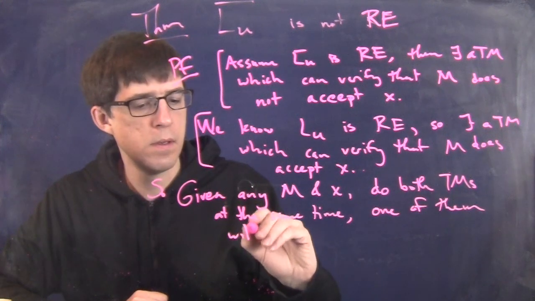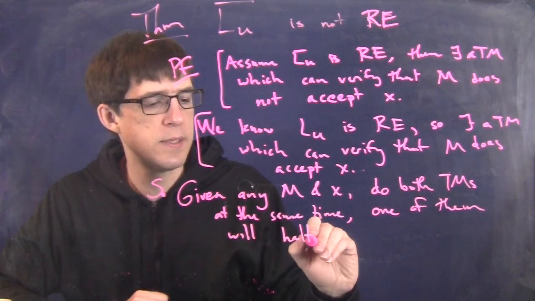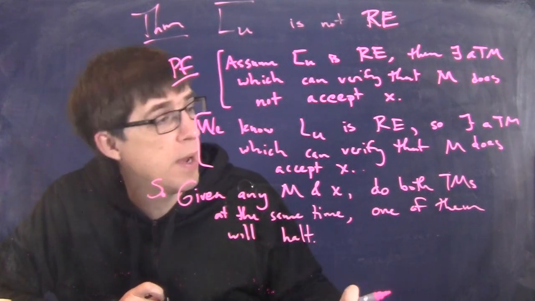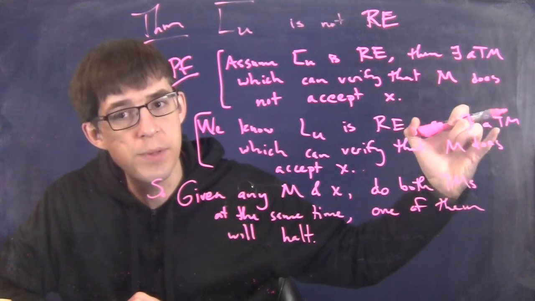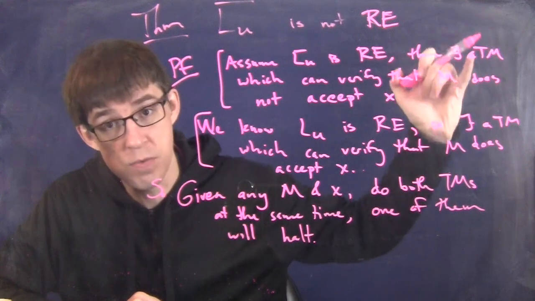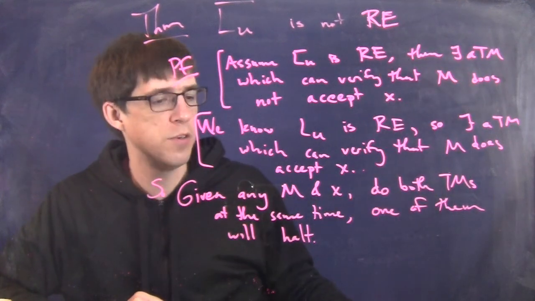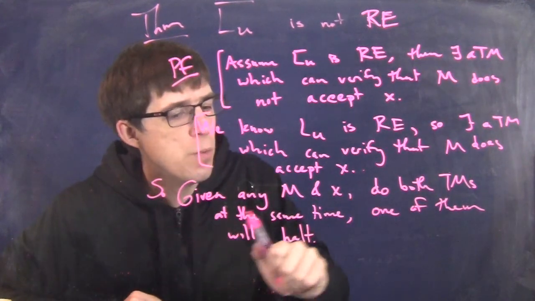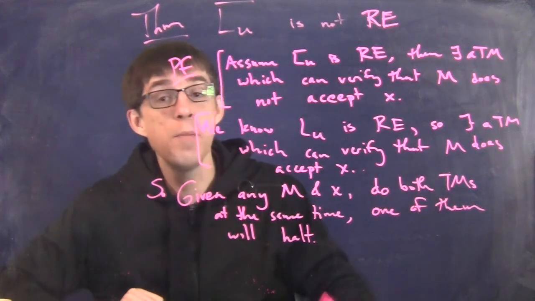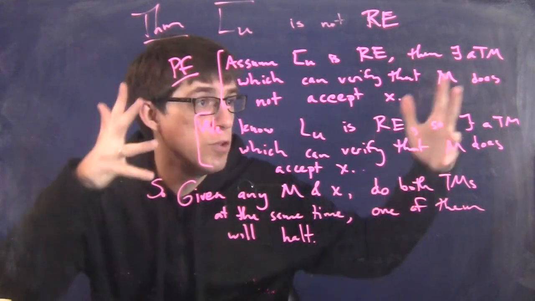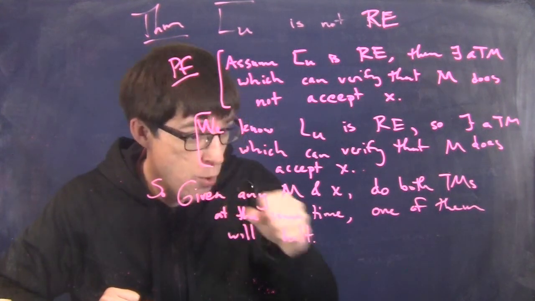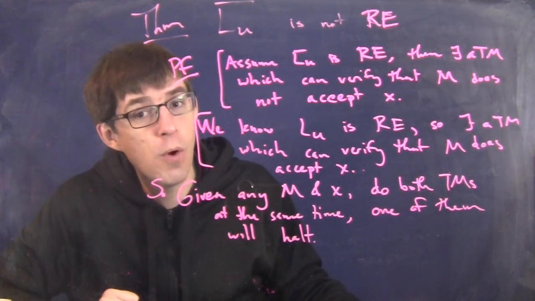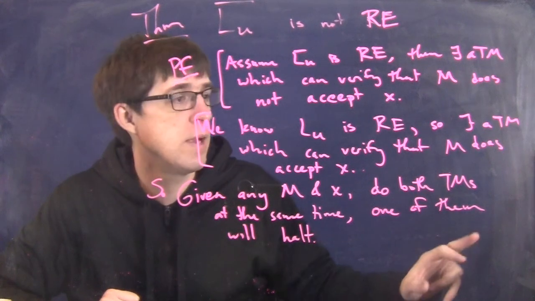The other might just run forever because these are not total Turing machines. Anyway, we do both Turing machines at the same time. One of them will halt, and so using both machines at the same time, we do have a procedure now for deciding whether or not m accepts x, right?